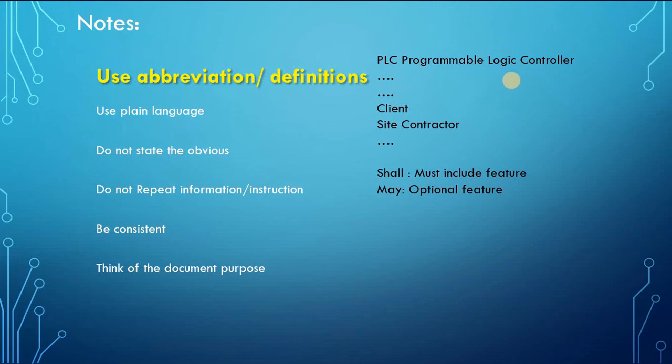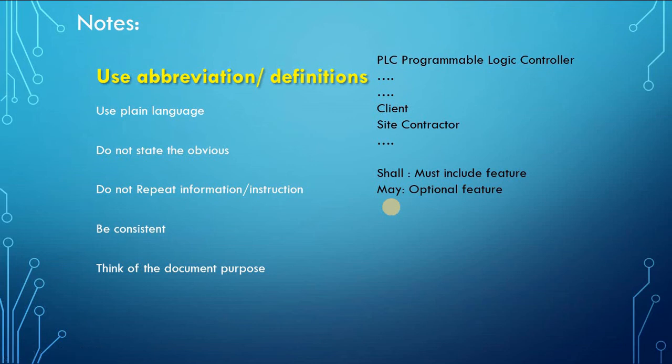Other thing is, let's say you define what you mean by the word shall. Shall meaning a must include feature. Now you say the system shall display this message. This means he must include this message. But if you say may, that means it's an option.